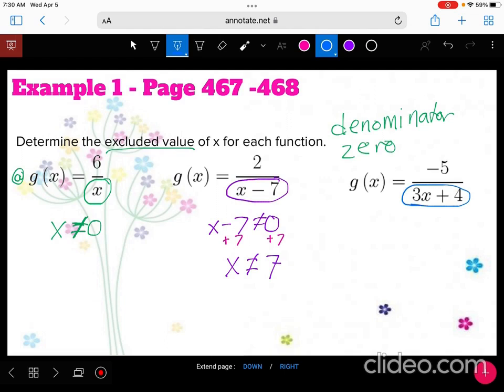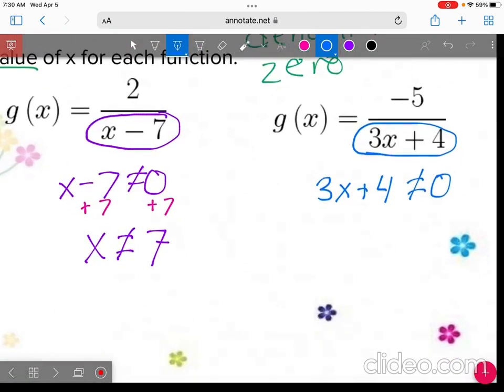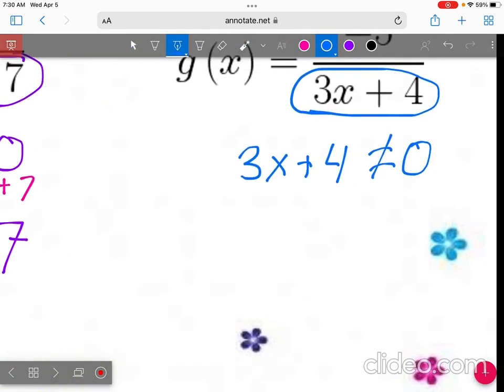That's the one thing x can't be. 3x plus 4 cannot equal 0. So you can solve it just like a regular thing. We can subtract 4 from both sides to get 3x cannot equal negative 4. That's not a thing that works.